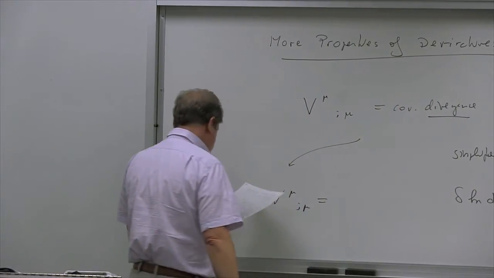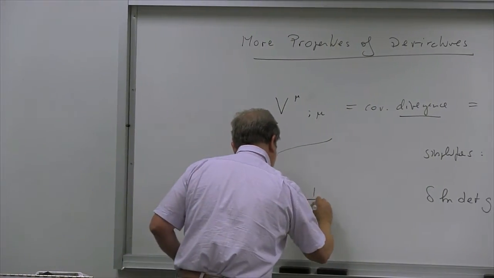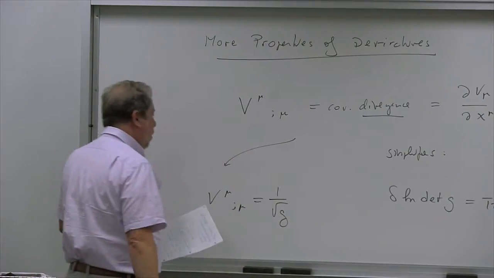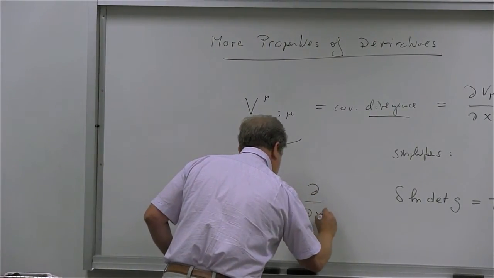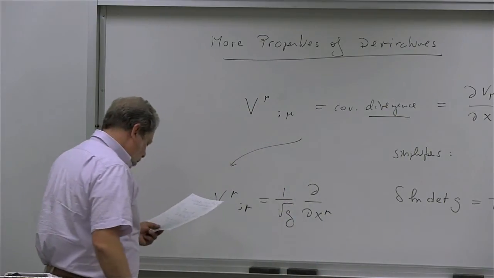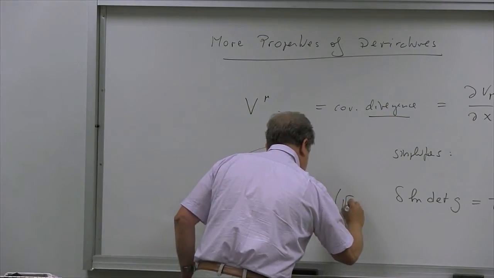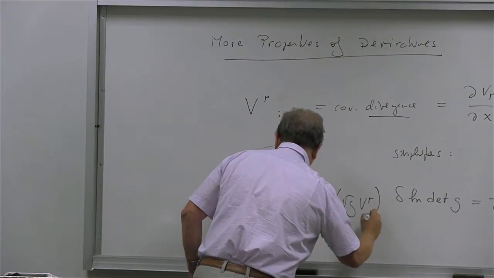So let me do that here. You can combine it into a single term, which is 1 over the square root of the determinant of the metric times the derivative with respect to x mu of square root of g times v mu.